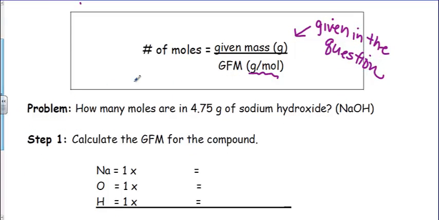Because formula mass is just in AMUs, and then our gram formula mass, in grams, tells us how many grams are in a mole of whatever is in that compound.